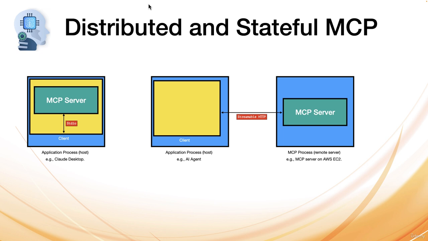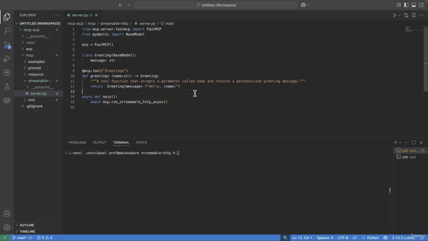and a server. Back in Visual Studio, as you already know, we have an MCP server that is a tool, and we can run this. As you can see, there is no MCP run command in it, and we have not said whether you want to use streamable HTTP or not. If you don't say that you want to use streamable HTTP, then the default protocol is STDIO, or standard IO.